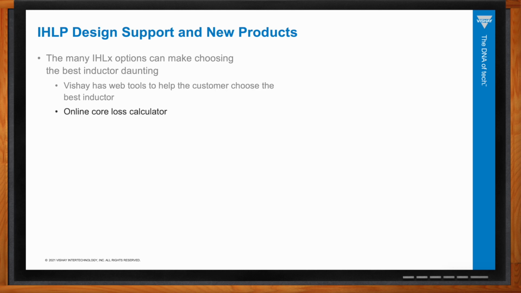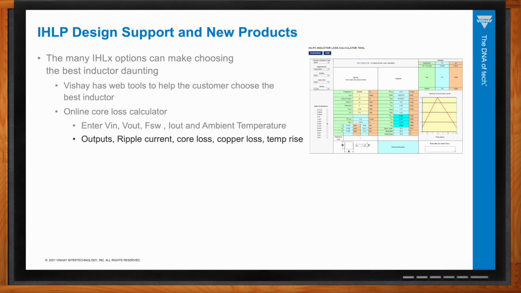One of those tools is what we call our online core loss calculator, and it can be found on our website. All the designer has to do is enter the voltage in, the voltage out, the switching frequency, the ambient temperature, and the inductor current, and it will spit out the actual parameters of the DC to DC converter.